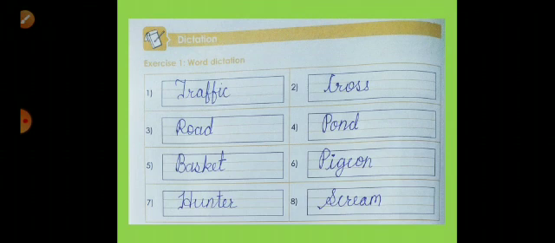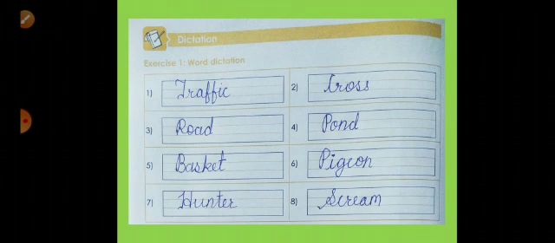In the chart we can see some words, so you have to write these words in your grammar book. First word is traffic, TRAFFIC, traffic. Then second word is cross, CROSS, cross. Third is road, ROAD, road. Then fourth word is pond, POND, pond.